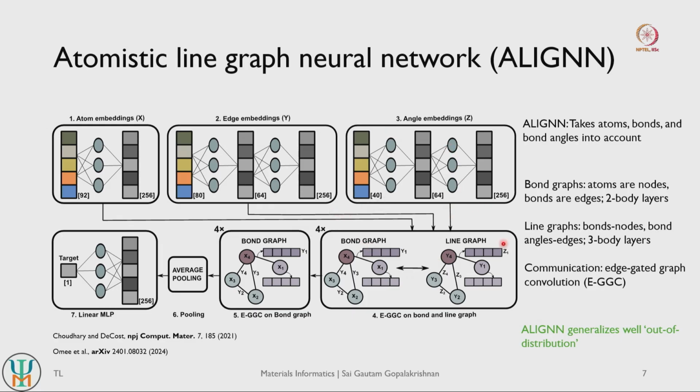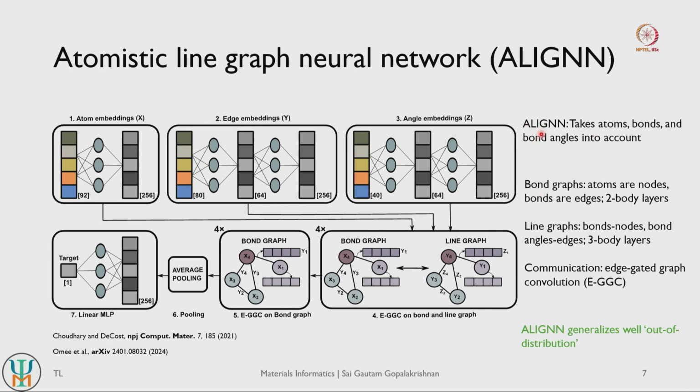You generate 2 separate sets of graphs, bond graphs and line graphs, and they exchange information across these 2 graphs. You do several rounds of convolutions on the bond graphs and line graphs, and then some pooling, and go about predicting your target value.